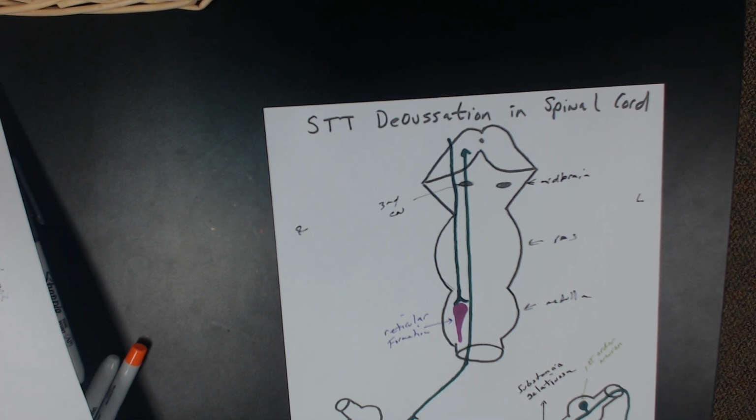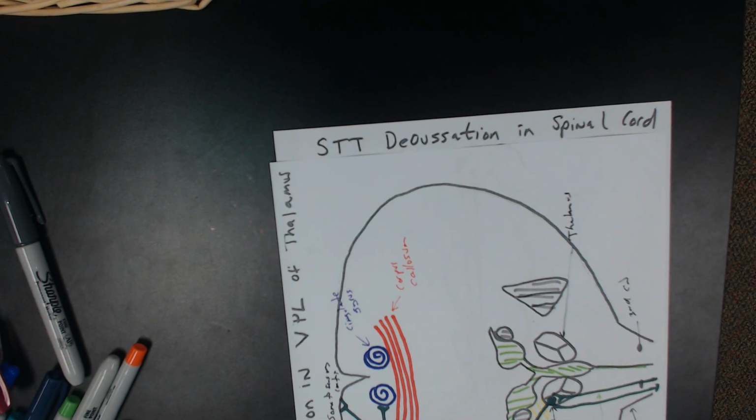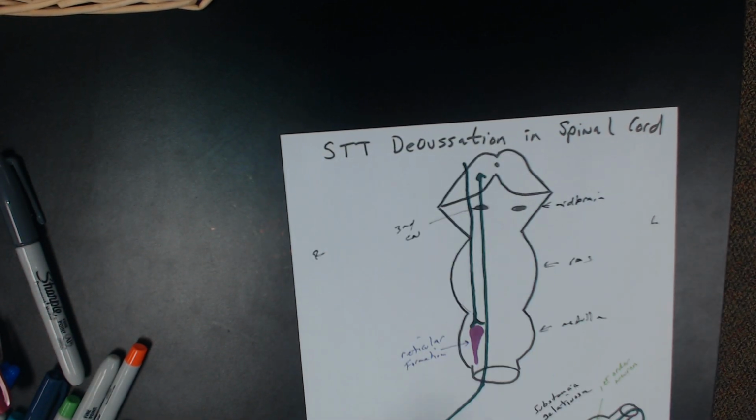If you've ever been in really bad pain, it's really hard to sleep because the reticular formation won't shut down. That's your seat of sleep-wake awareness consciousness. I always thought it was really cool. So two big connections: the STT makes connections with the cingulate gyrus as well as the reticular formation.